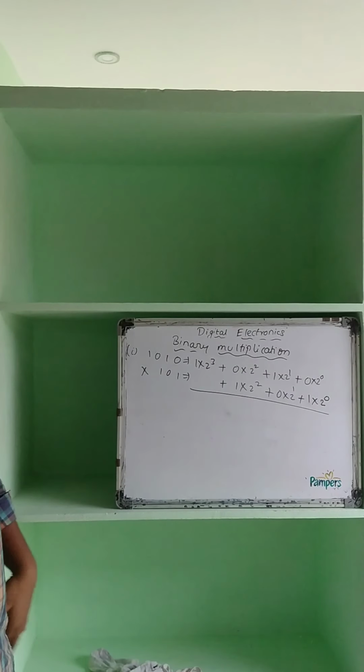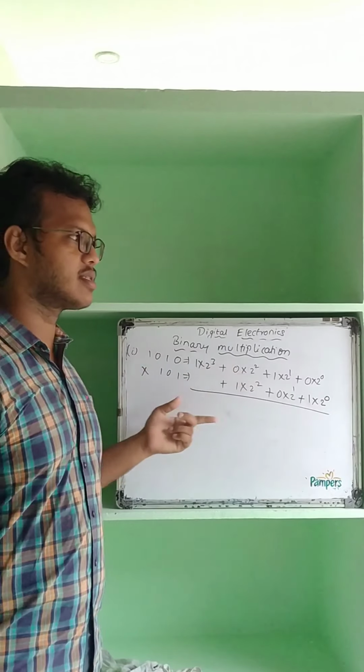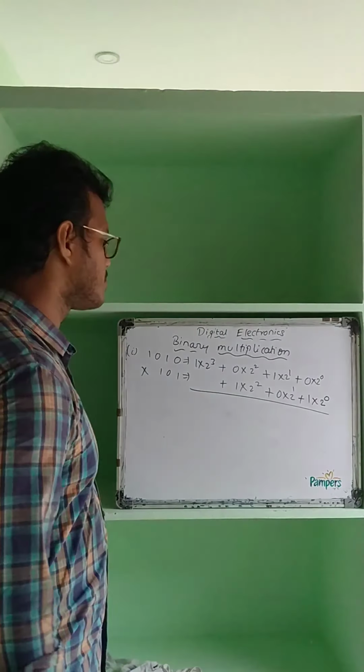So we can expand the first binary number like this and the second number like this.